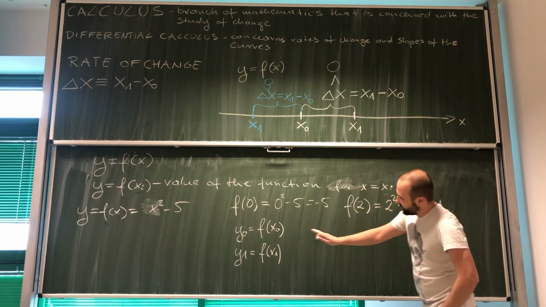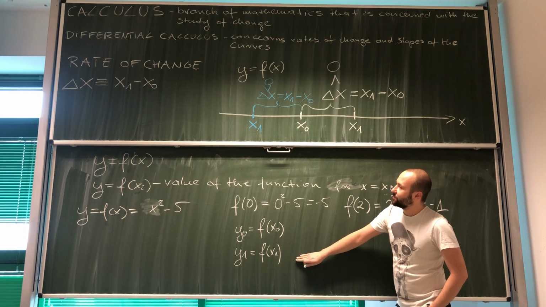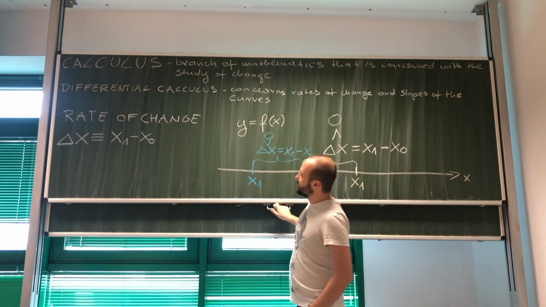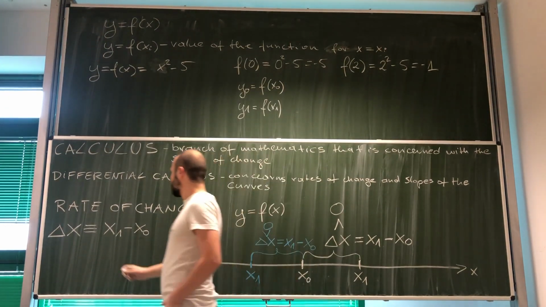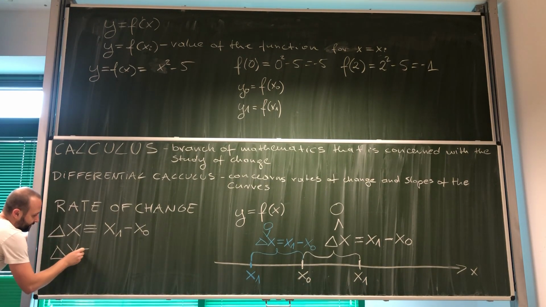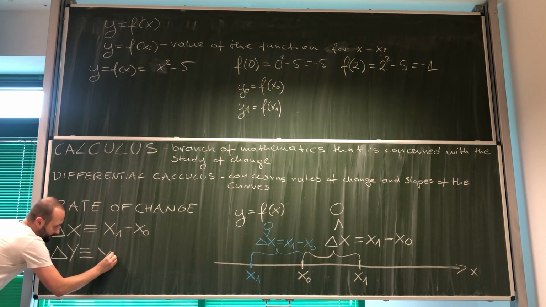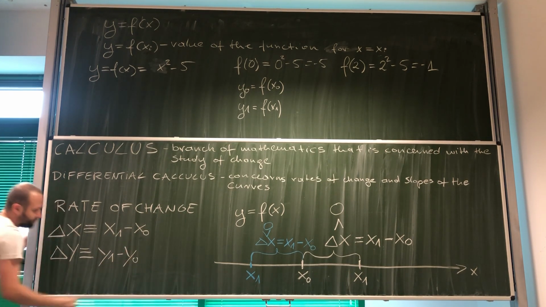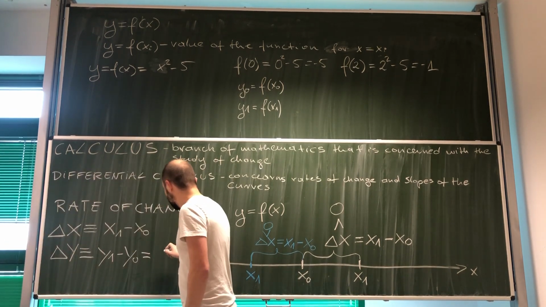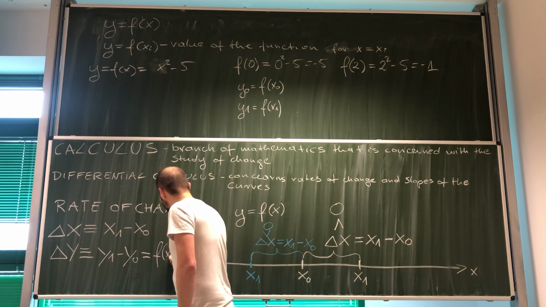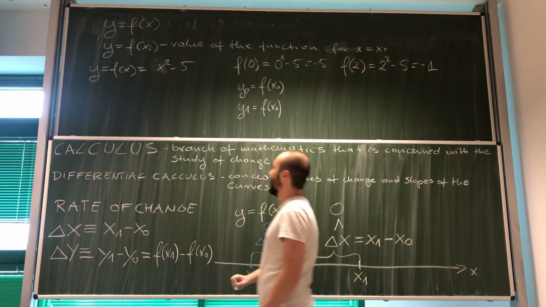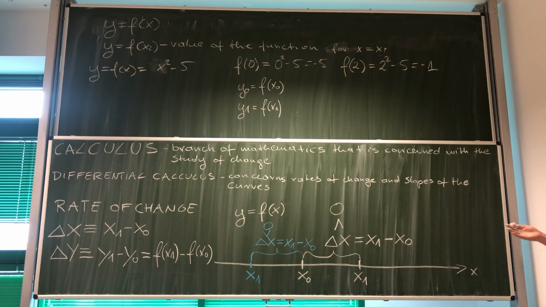And this actually helps us to relate again to delta, because in this context, we can say that delta y is defined as y1 minus y0, or as f of x1 minus f of x0. Very simple, right?